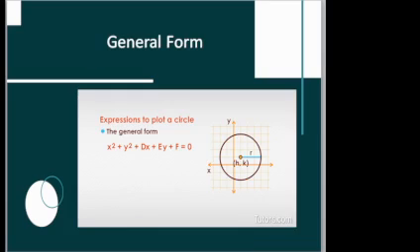Now we have here the general form of a circle: x squared plus y squared plus dx plus ey plus f equals 0. Regarding that illustration, the circle is drawn in a Cartesian plane. The horizontal line is the x, or the abscissa, or the domain.